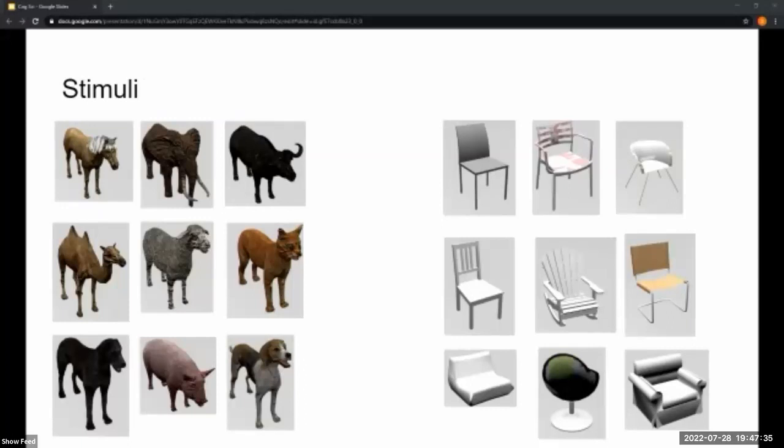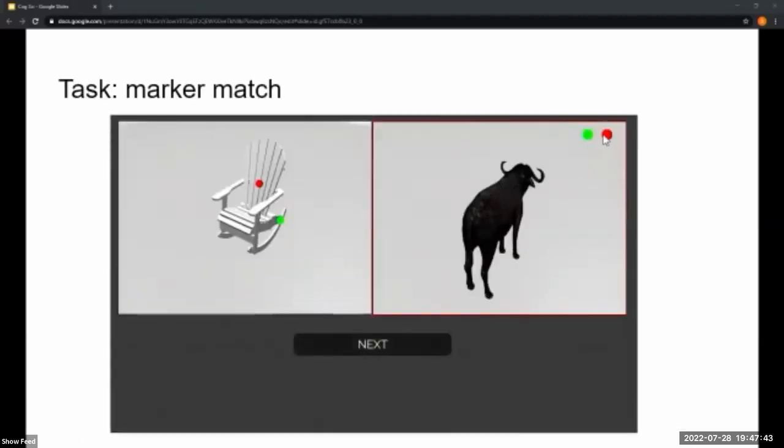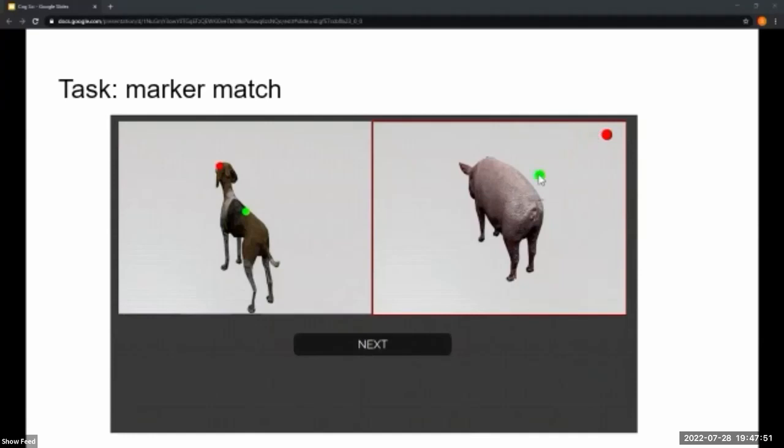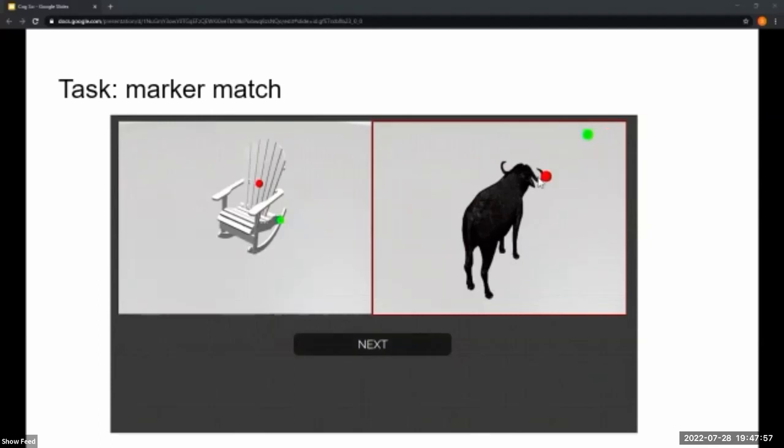All right, here is a group of stimuli we use in our experiment. We have a bunch of different animals and a bunch of different chairs. Basically in the experiment, we have a source image where two markers are already put on it. On the right-hand side, we have the target image, and we have two markers. We ask participants to move the two markers to the corresponding locations that form an analogy.